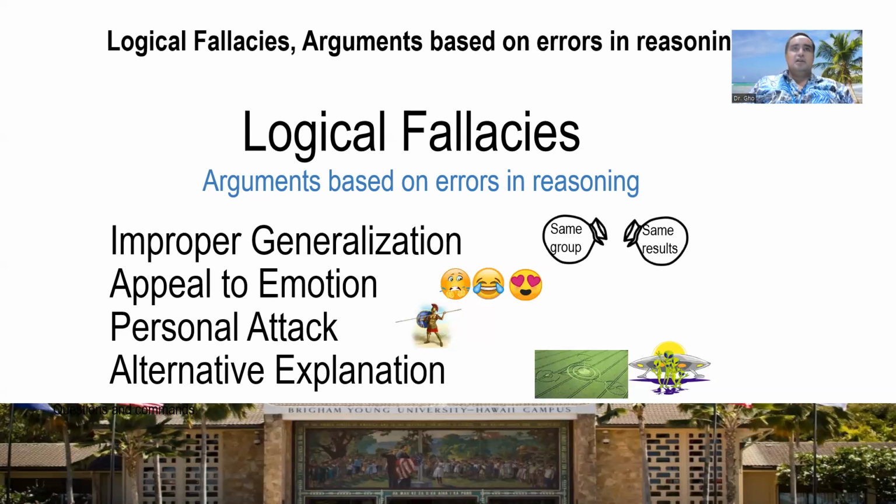Personal attack, that would be like you're saying, oh, you're not smart enough, you can't do this. Which may or may not be true, but that's not the reason why. You're attacking somebody's character rather than coming up with a sound reason as to why that may or may not be true. Alternative explanation, if you have an explanation with nothing to do with why something happened, that's another example of a logical fallacy.